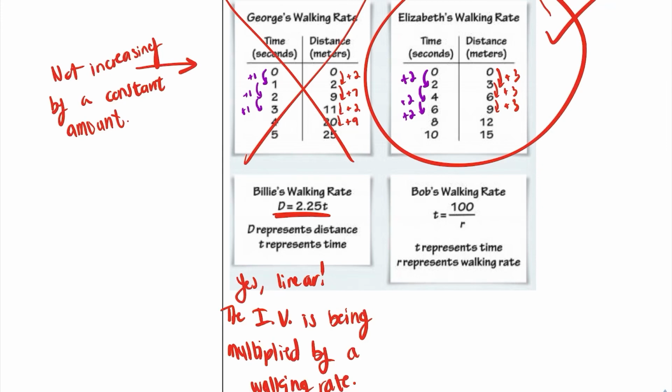So in this case, we do know that the distance is going to be increasing by 2.25 meters every second. Okay, so yes, cool. We got 2 linears here.